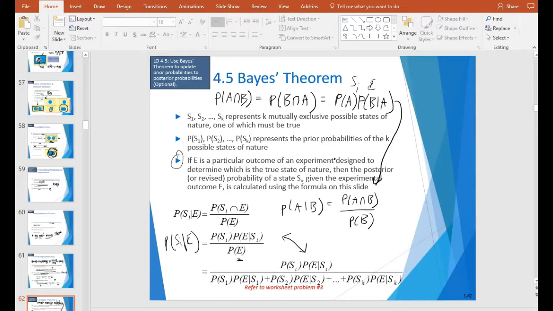So it can occur in all of those states of nature. And so the way that we would calculate the total probability of E is by calculating the probability of the state of nature and then calculating the probability of E given that state of nature. So that's what we have here: the probability of S1 times the probability of E given S1, and then the probability of S2 times the probability of E given S2, all the way up through SK.